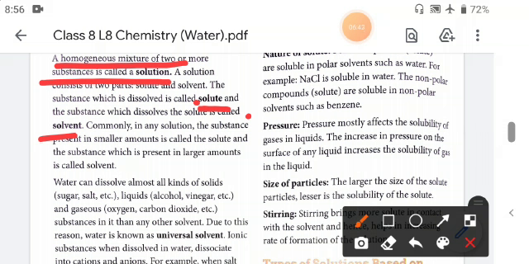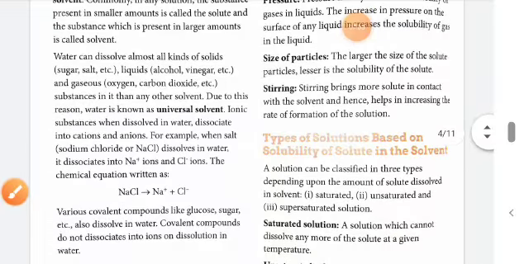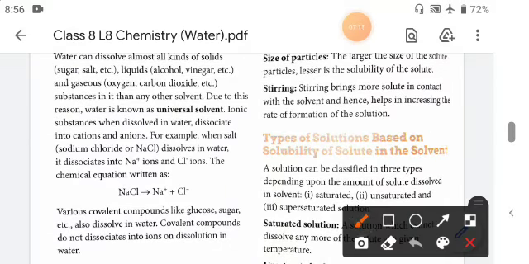Commonly in any solution, the substance present in a small amount is the solute. Suppose sugar is mixed into water. The sugar is the solute and water is the solvent, since sugar is in less amount and water is in high amount. Now water can dissolve almost all kinds of solids like sugar, salt, etc. So it is called the universal solvent.